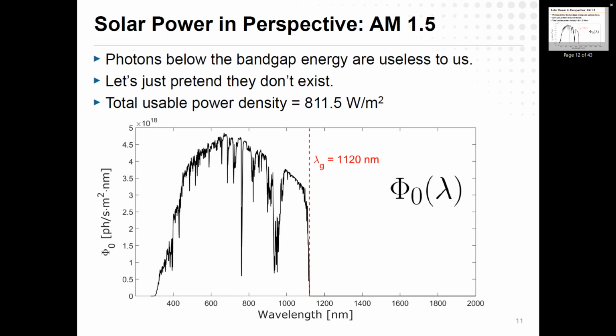If I integrate this from 0 to 1120 nanometers, and I have a 1 square meter aperture, I will capture exactly 1 times 10 to the 20th photons per second. And if I add up all of the energy in those photons, I get roughly 800-plus watts per square meter. So given a solar cell made of silicon, this is the absolute most energy I could, in principle, capture.